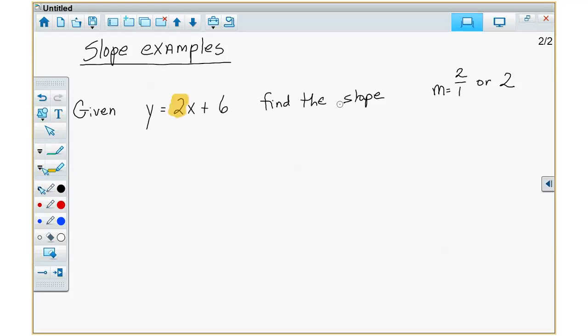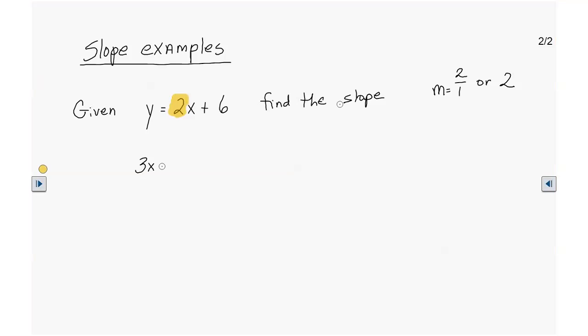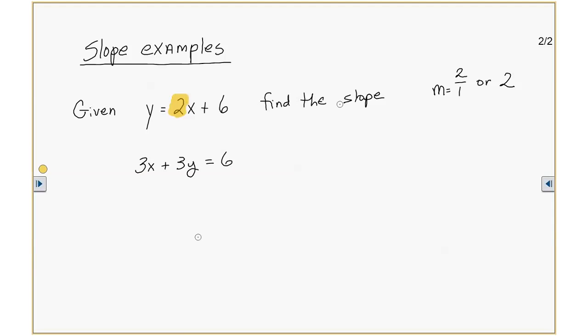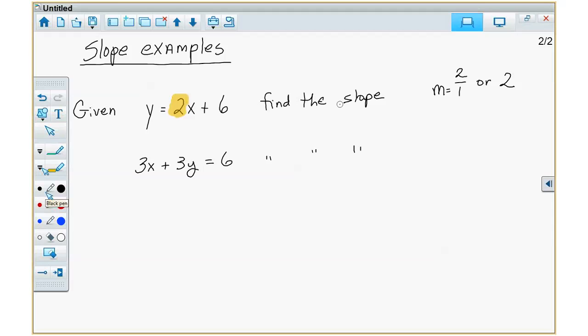Now what if I give you this one? And it says find the slope. What do you do? Solve for y, Hubert. Yes, that's right.